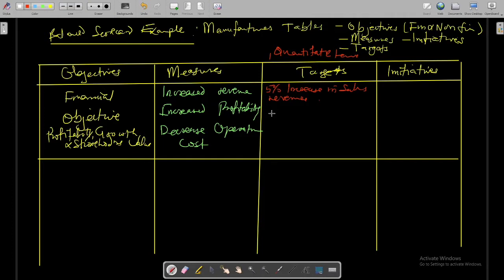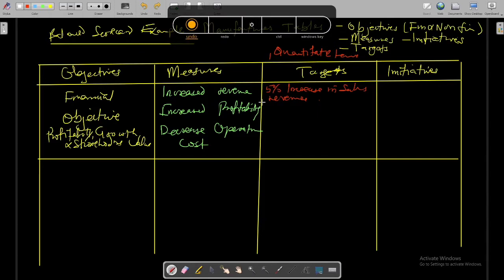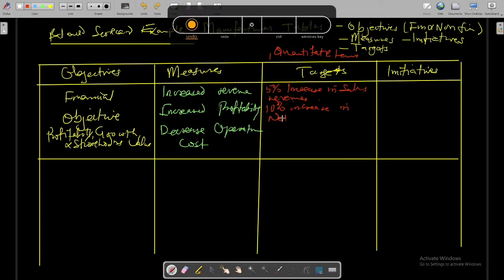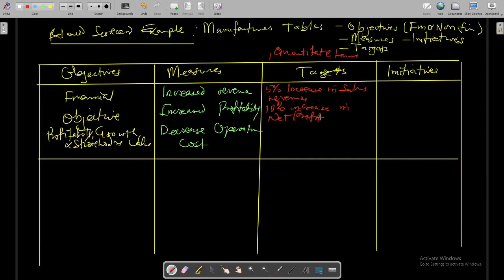What about our profitability? Here we can set two objectives under the profitability, where we can say that 10% increase in net profit margin. That will measure profitability.